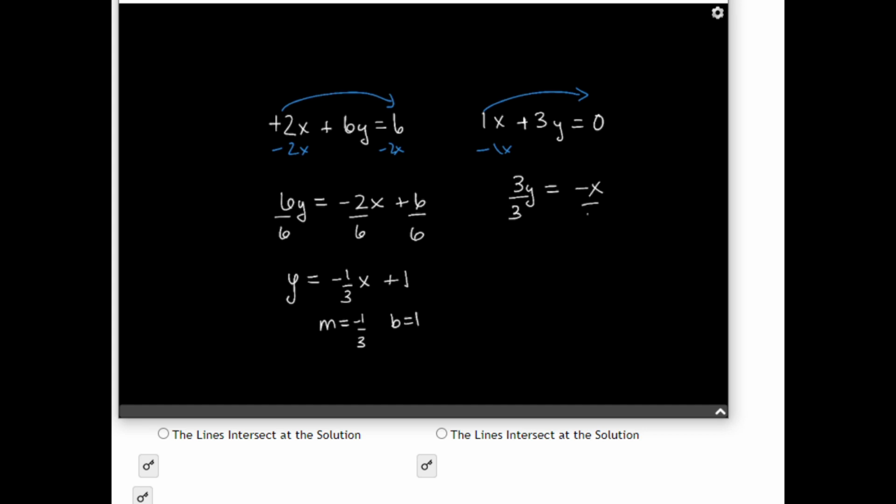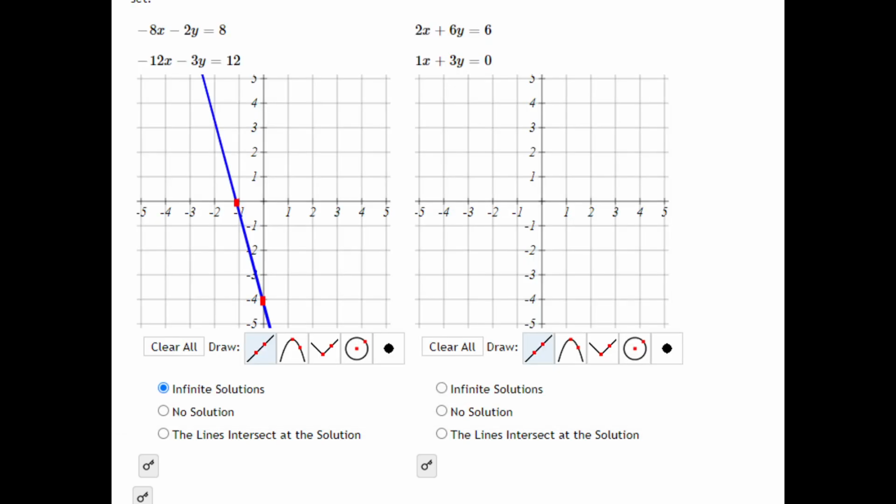Divide by 3, and this one leaves me with y is equal to negative 1/3 x. But there's nothing over here. So think about that as being a 0. So what that means here is my slope is still the same. It's going to be negative 1/3, but my y-intercept, because nothing was over there, is 0. So let's go ahead and graph both of those.